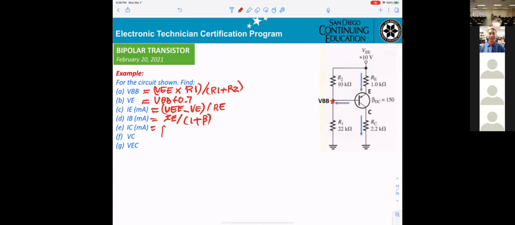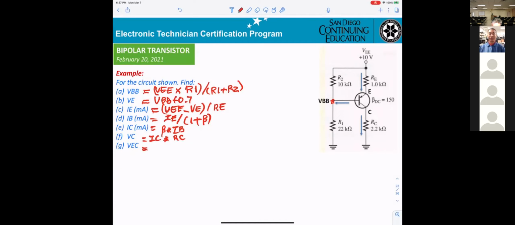IC equals beta times IB. And VC, that means here to ground, VC equals IC times RC.